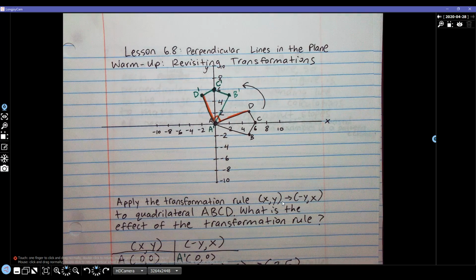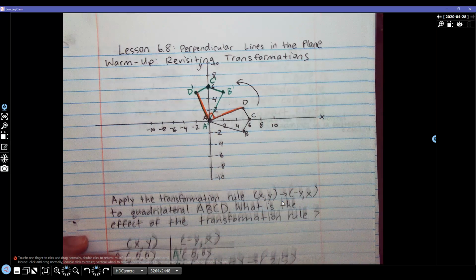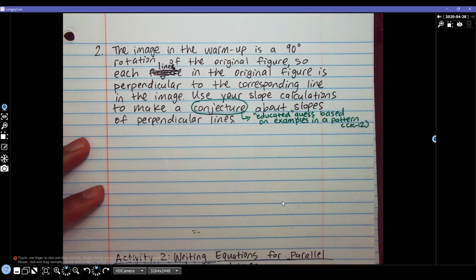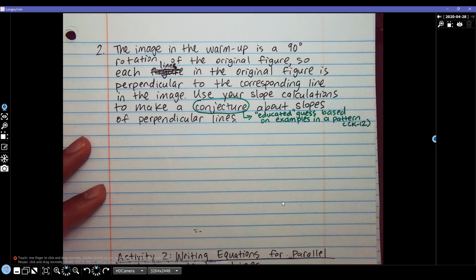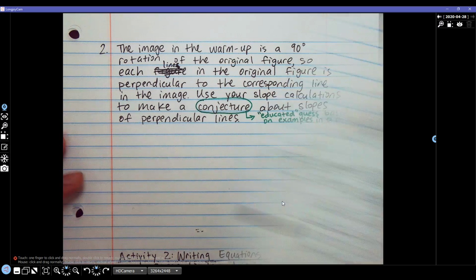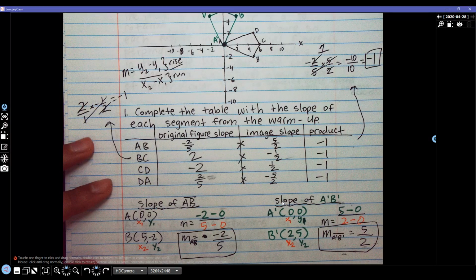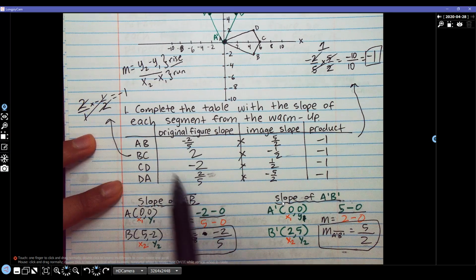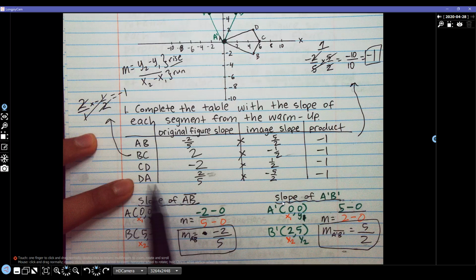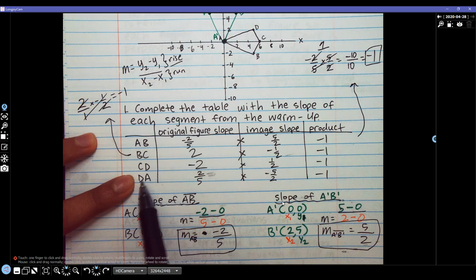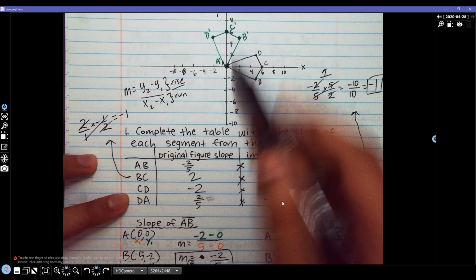When we take a look at the slopes of AD and A prime D prime, let's see what happens. This is from our work in question number 1, and I've written down the slopes for CD and DA. DA is the line segment that we were referring to in our warm-up.